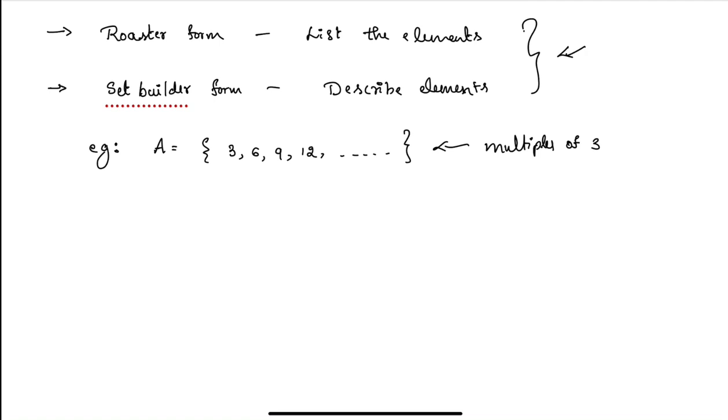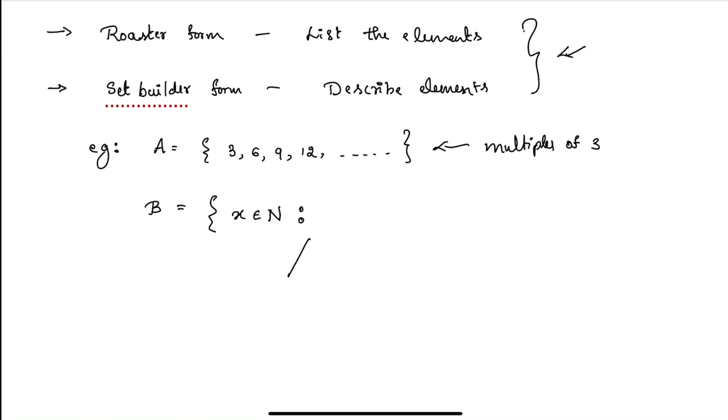So how can we write it in set builder form? Suppose we are collecting all the natural numbers x such that, where the colon is used to say "such that", or we can also use this symbol instead.